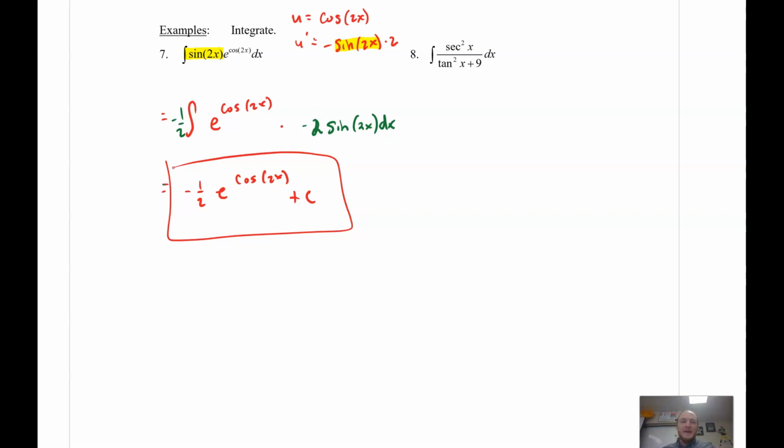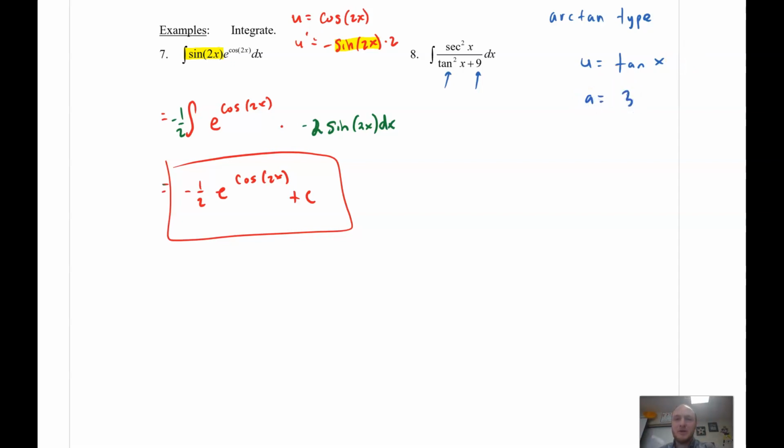All right, on number 8, I see trig, but most importantly, what I see in the denominator is something squared plus something squared, and this is screaming arctan type, right? Where u is tan of x and a is 3.